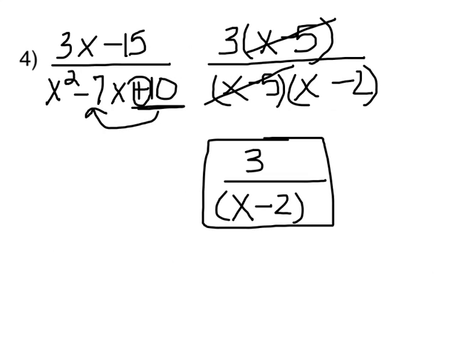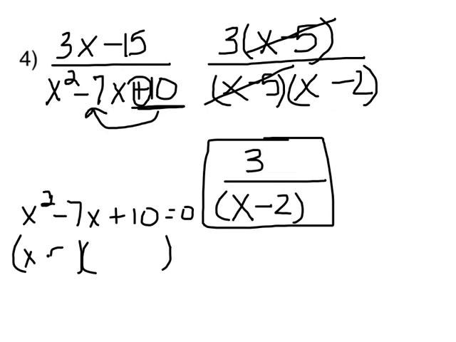In order to state our excluded values, we'll be taking the expression in our denominator, the x squared minus 7x plus 10, and stating the values that would make this equal to 0. We already know what it factors to. It's x minus 5 times x minus 2.